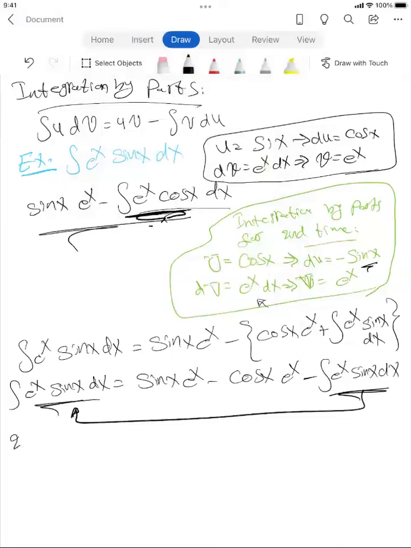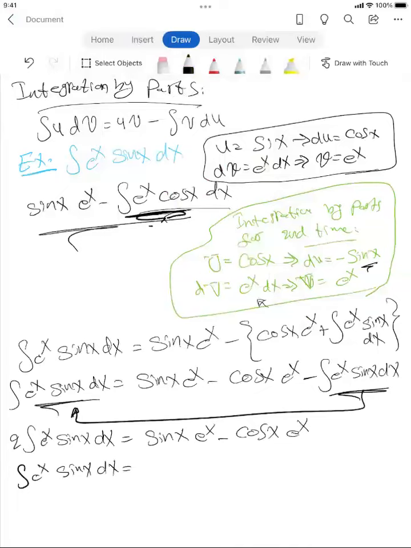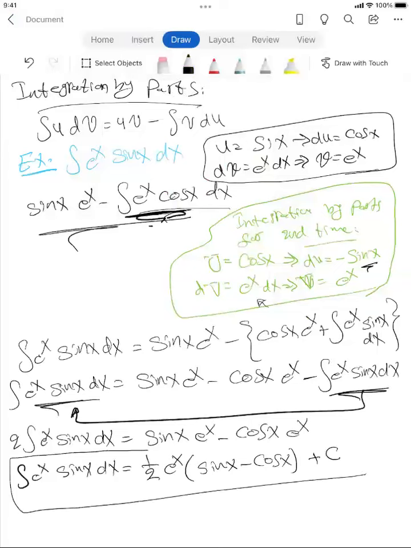So I will get 2 integral e to the x sine of x dx, and that's equal to sine of x e to the x minus cosine of x e to the x. And now divide both sides by 2, then you will get integral e to the x sine of x dx equal to 1/2 e to the x times sine of x minus cosine of x, and finally add the constant.